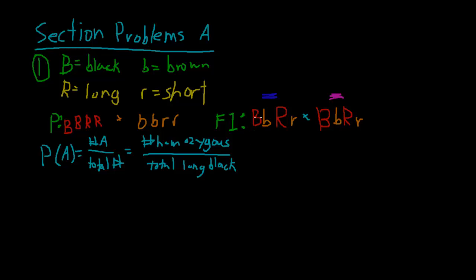So for it to be homozygous, it must get the big B. So there's a 1/2 chance of getting big B. And it has to get big R, which between big R and little r, there's also a 1/2 chance.